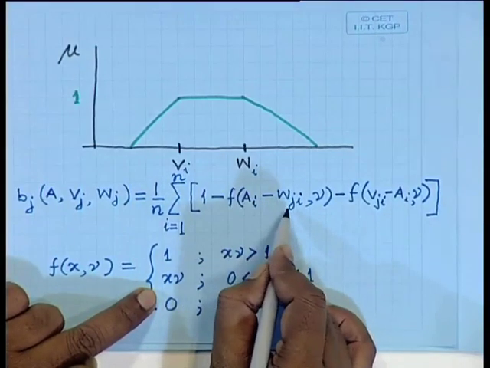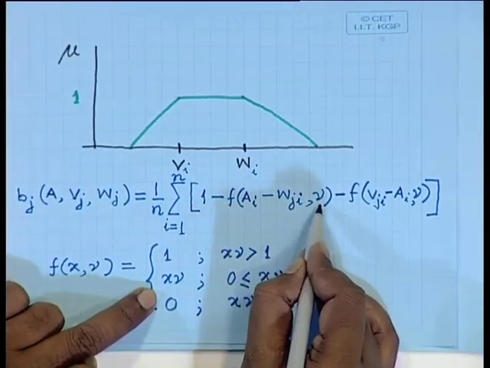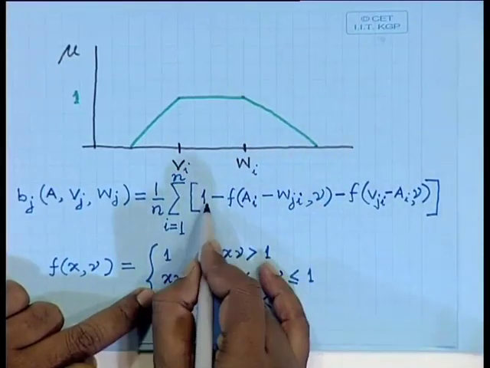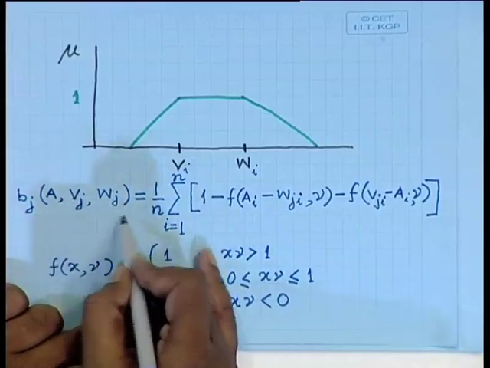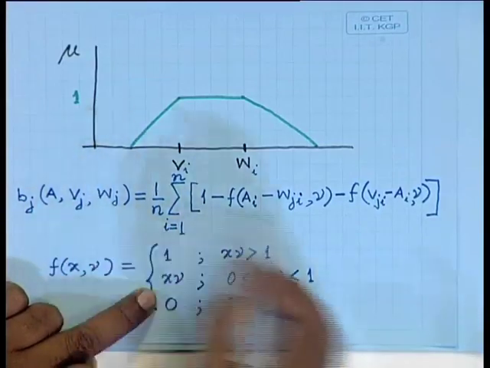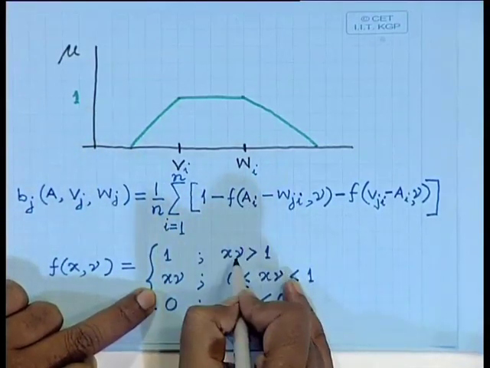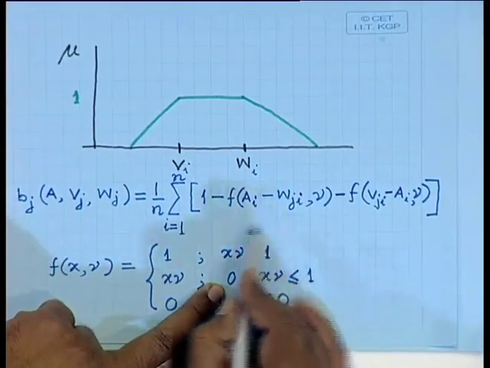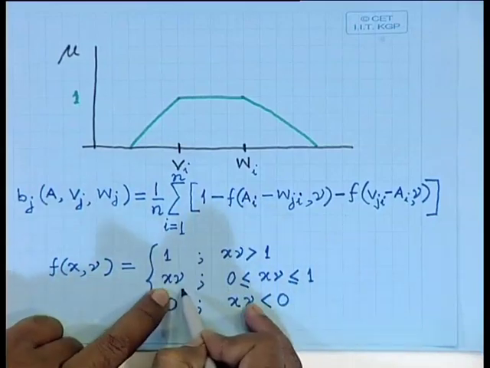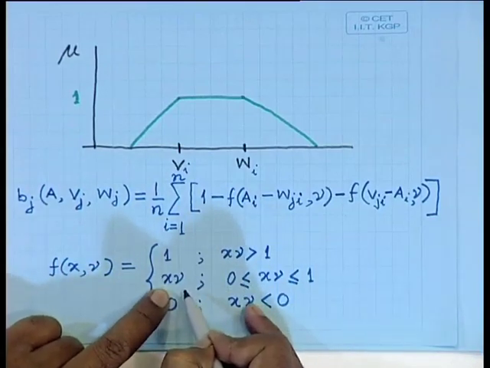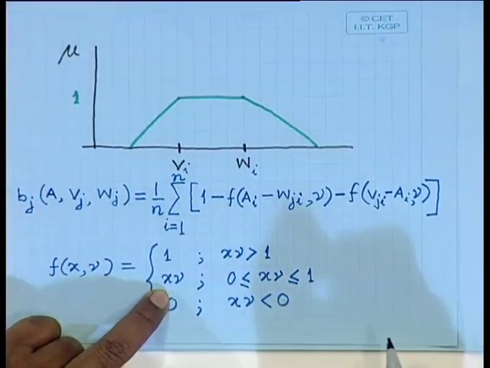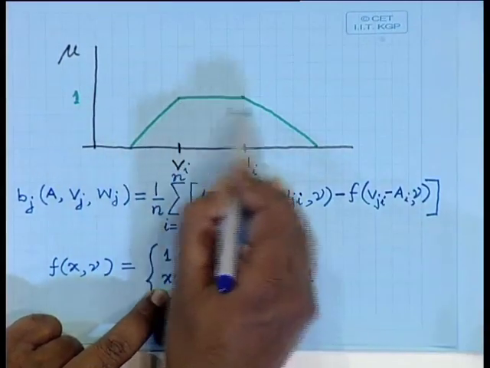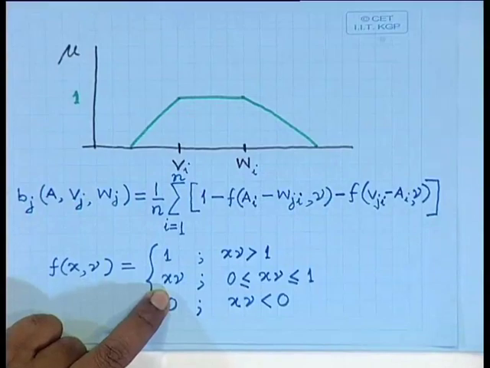So, if the distance from w_ji of the point times gamma is very large, greater than 1, then the output, the membership value, will be equal to 0. Whereas, if the distance times gamma is in the range 0 to 1, then the output is 1 minus this. Again, I get a straight line with a slope equal to minus gamma. So, those are these two different straight lines.